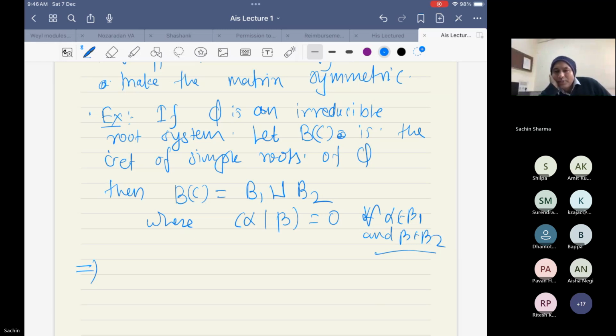Note that B spans V, your ambient vector space. So suppose your phi is irreducible, then what we proved yesterday is that V is a representation of W. What is that representation? Are all of you reading what I have taught yesterday, or do I need to send yesterday's notes again?